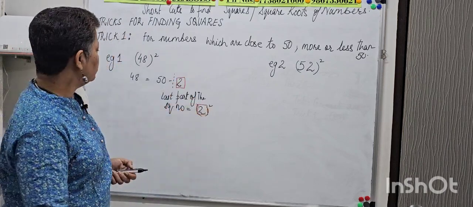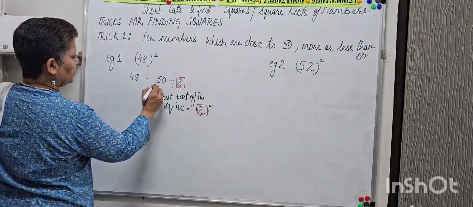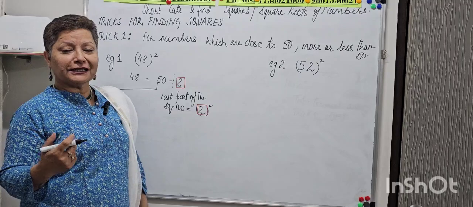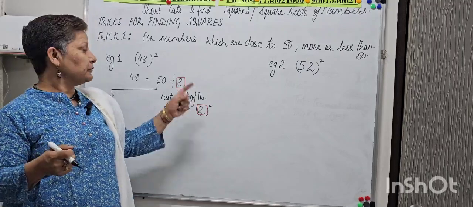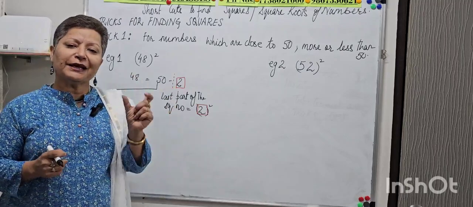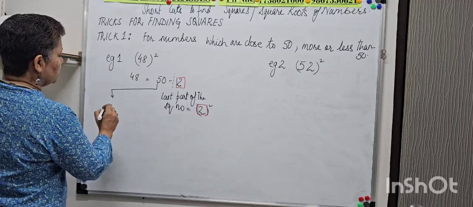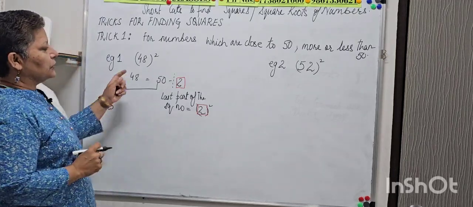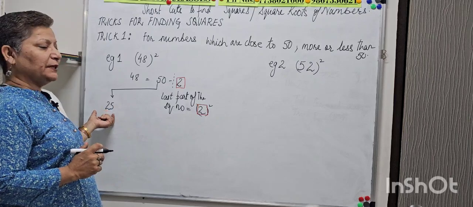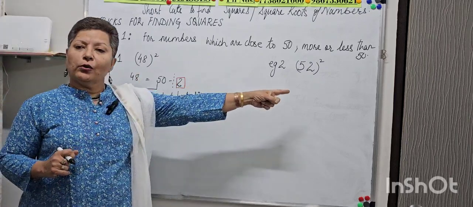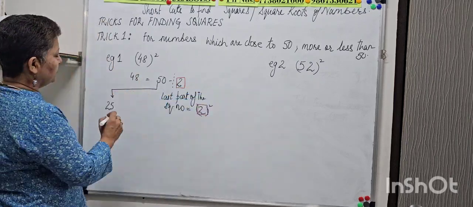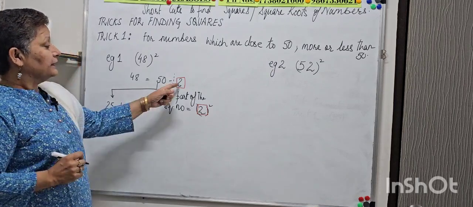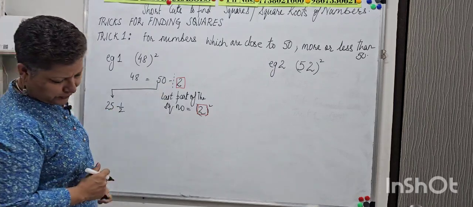The rest of the number, if you remember, for when we had done the shortcuts for multiplication also, when it was close to 50, we had taken our base number as 25. So here I take 25. For all numbers which are close to 50, I'm going to be taking my base number as 50, whether it is less than or more than, and I'm going to be taking half of the square of 2. Is that okay?